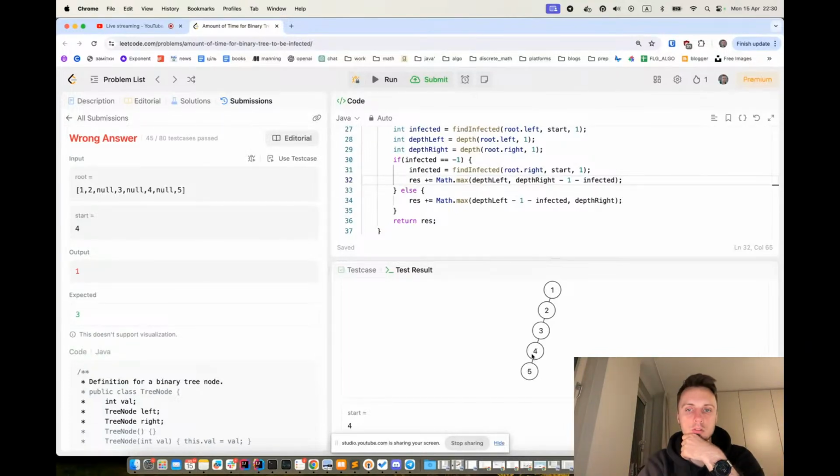I think it should probably be the maximum between this one and also depth left.